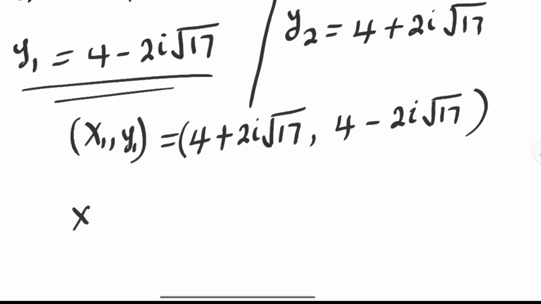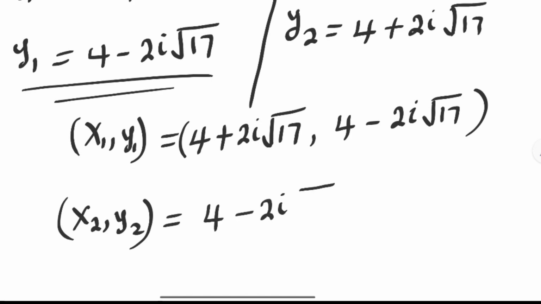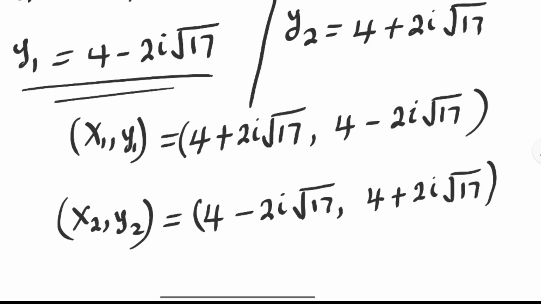Then x2, y2 is equal to 4 minus 2i square root of 17, 4 plus 2i square root of 17. These are the final answer.